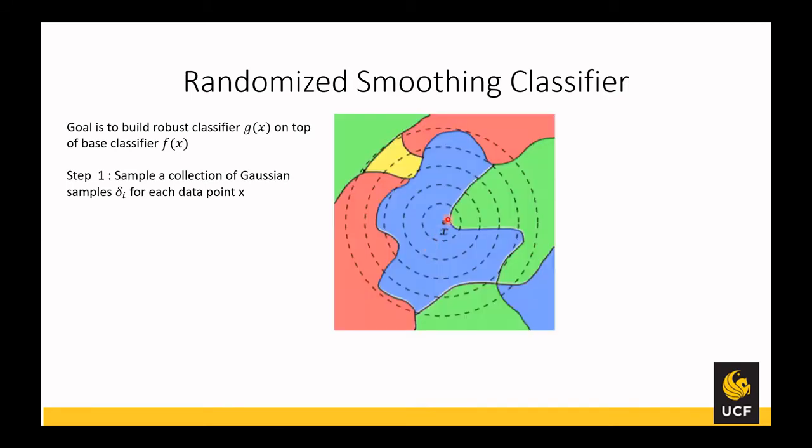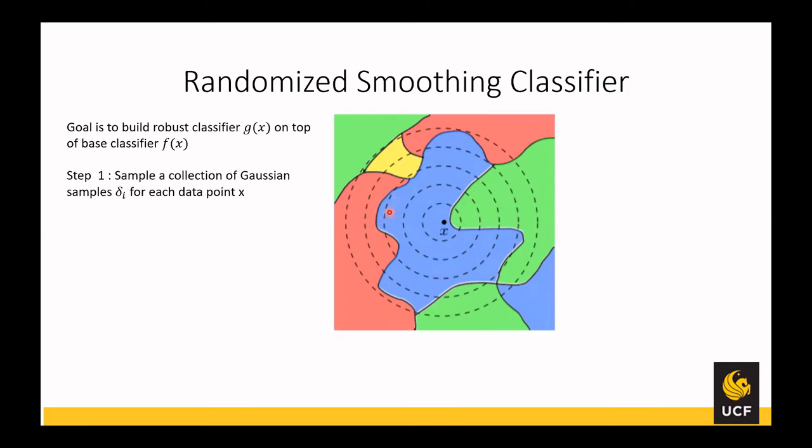So let's say this is our data point X, then the different colors represent the different class boundaries. Since this is a non-linear classifier, the class boundaries are interconnected, and these dotted lines are the Gaussian noise.